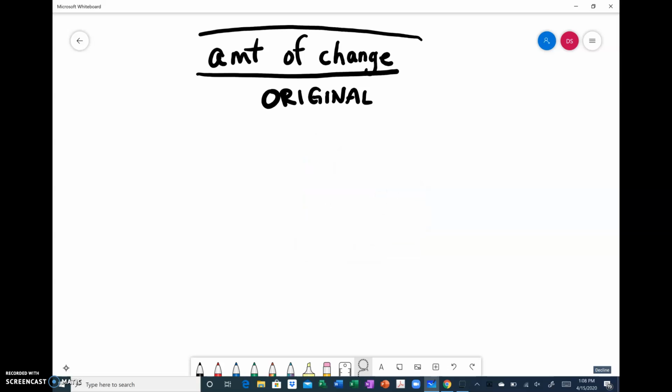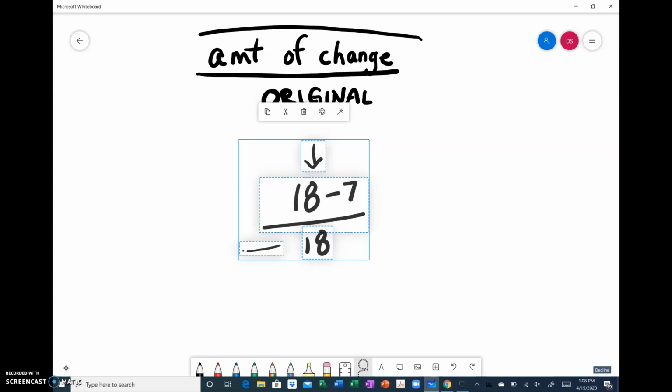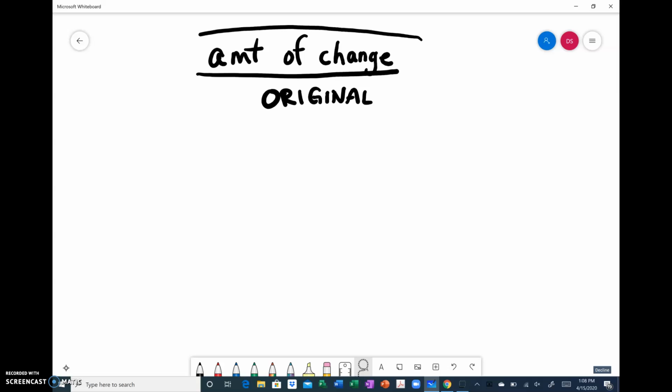Let's look at C. 18 minus 7 over 18. Same reasoning. You see the original, you see a subtraction showing decrease, so C also shows percent of decrease. So obviously the answer is going to be D, but let me show you why.